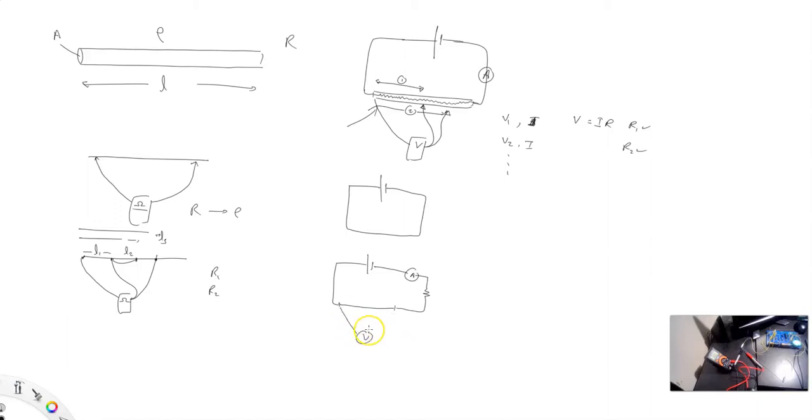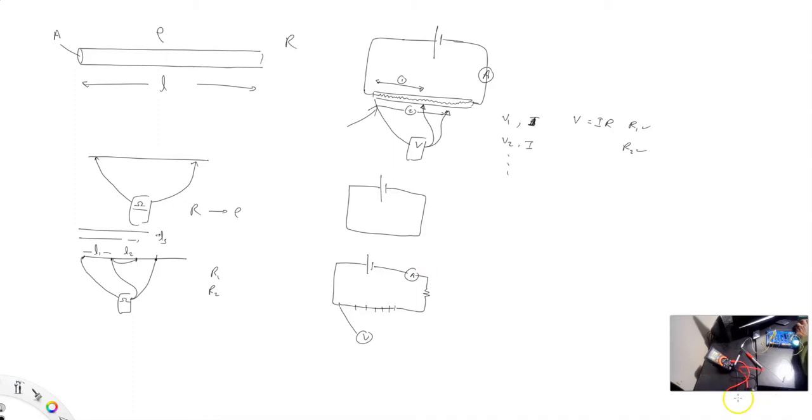Place it here and at different points like this. Along the length of the wire, we're going to take multiple voltage readings. We will monitor the current also. And that way, we can have multiple resistance values, and we can calculate the resistivity. So, we're going to build the circuit that way.